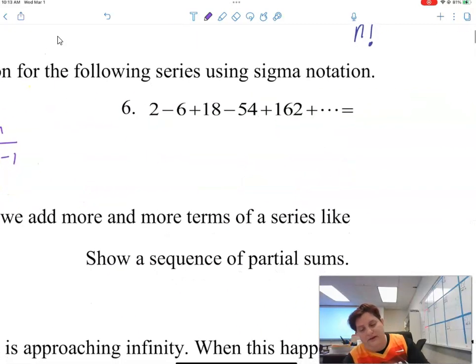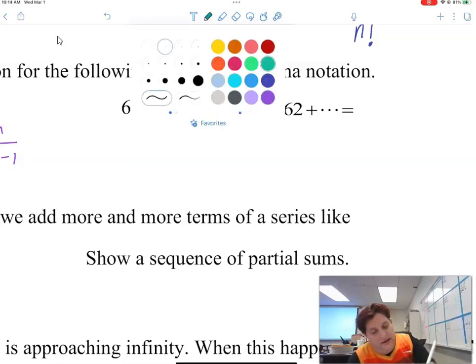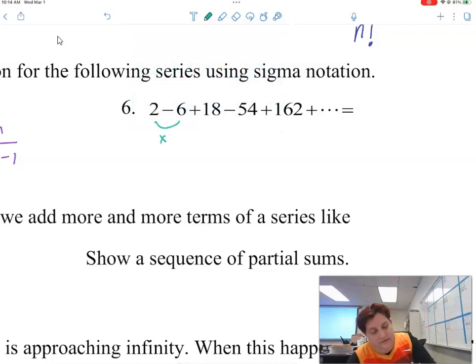All right, let's look at this next one. Okay, so let's see what's happening every time. That one I'm multiplying by 3, by 3, by 3 every time. This one, though, multiplies by, well, it's alternating. So it's actually multiplying by -3 every time. Okay, this is a special sequence. This is called geometric.